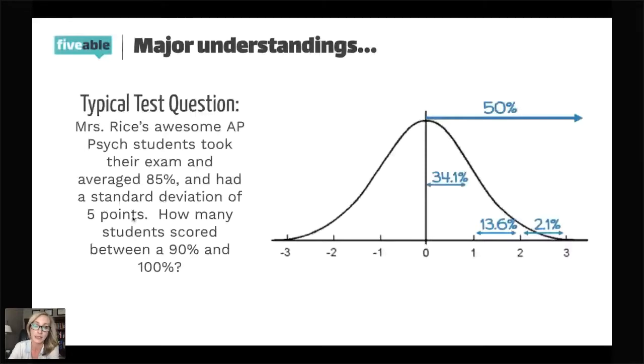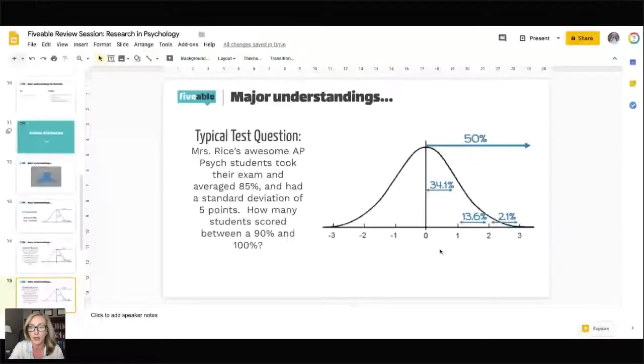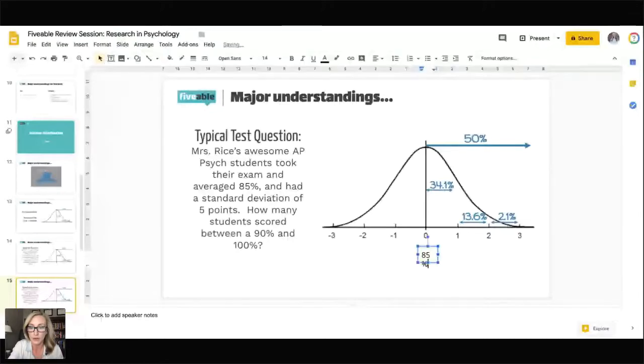So when I see this question, it tells me that the average is 85%. So I'm going to take that 85 and put it down here in the 0 mark. You know what? We can go ahead and do that right now. So, we're going to say 85%. Right? 85% goes on this mean, median, and mode line because that's my mean.